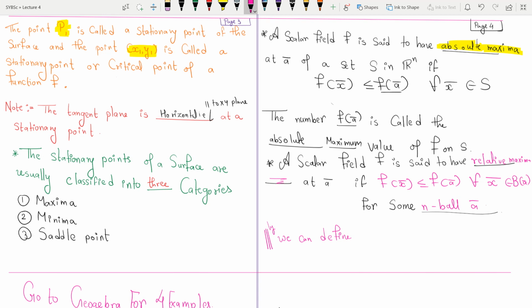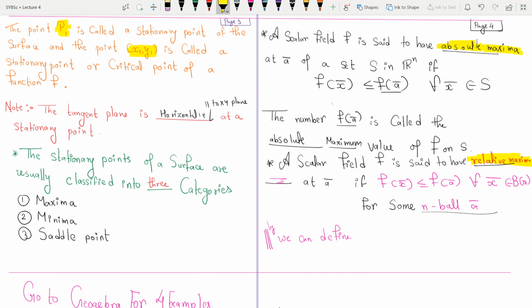Now let me explain the difference between both. Absolute maxima means I am talking about the entire set. When the word relative is used, we are just saying that it holds in the neighborhood of that point.